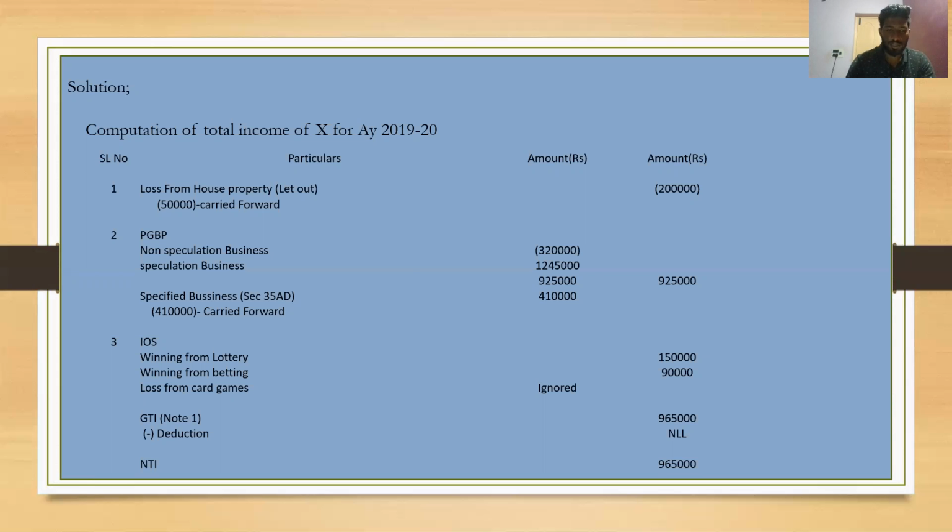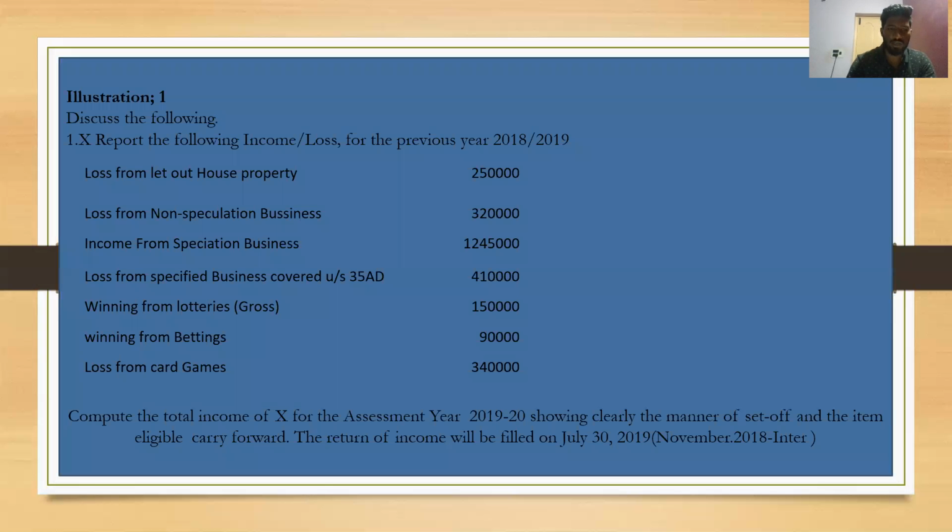Next is winning from lottery. The winning from lottery is under income from other sources. Winning from betting is also income from other sources. Loss from card games, as I already told you before, we cannot set off against any source of income.